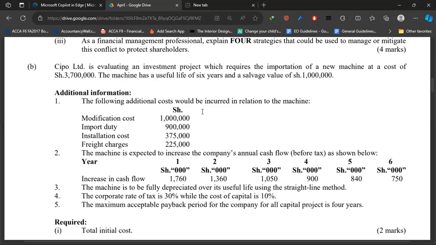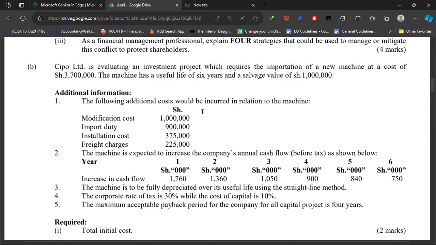SIPO Limited is evaluating an investment project which requires the importation of a new machine at the cost of 3.7 million. The machine has a useful life of 6 years and a salvage value of 1 million. Additional information.